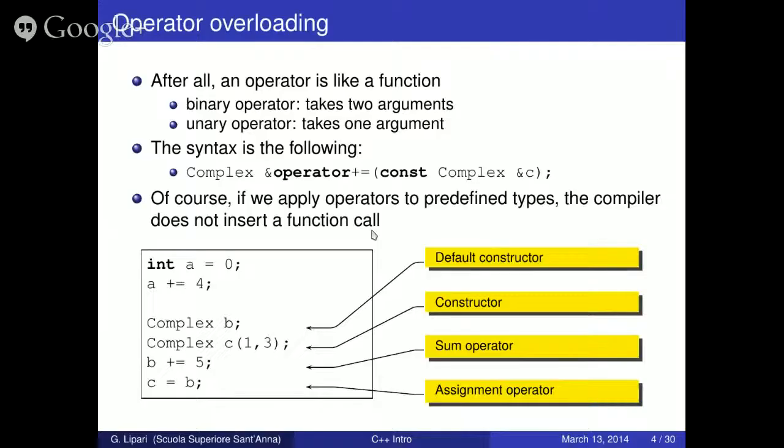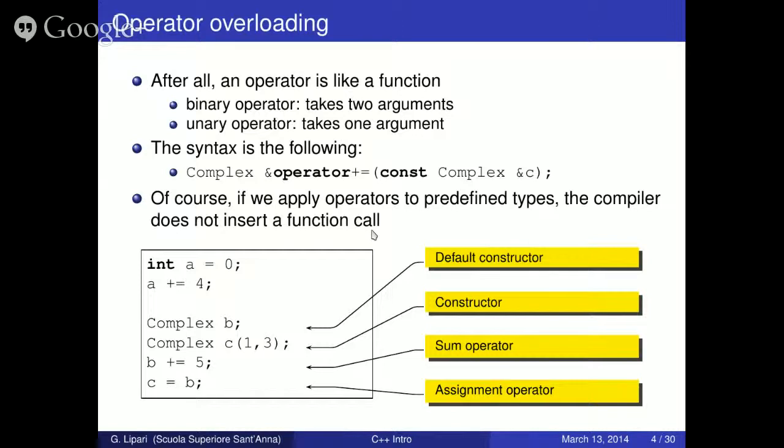Okay? So, as I said, an operator is like a function. And in particular, we distinguish two kinds of operators. Binary operators are functions that take two arguments, and a unary operator is a function that takes one argument. And the syntax is very simple. Basically, the function name corresponding to that operator is just the keyword operator followed by the symbol you want to overload. Okay?